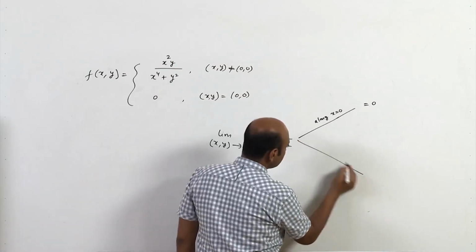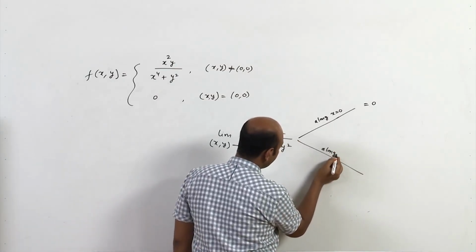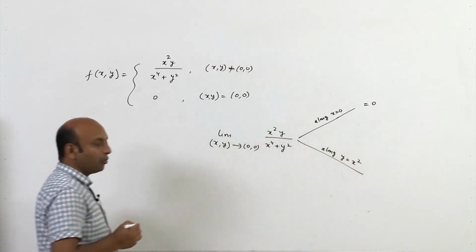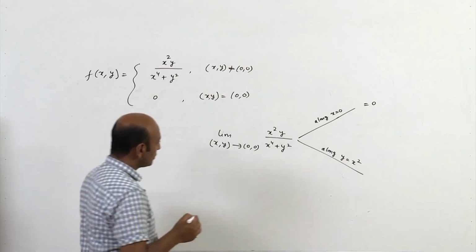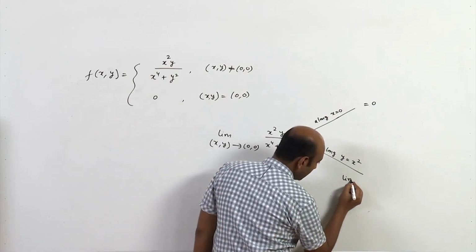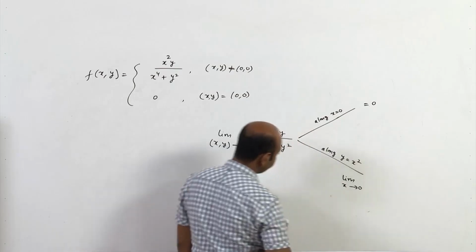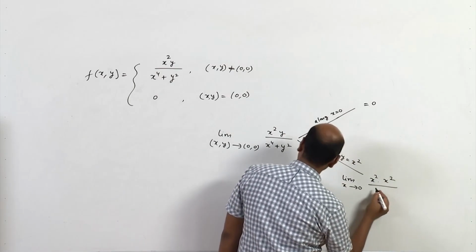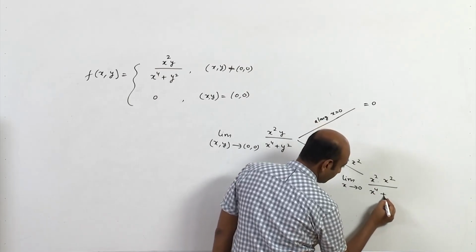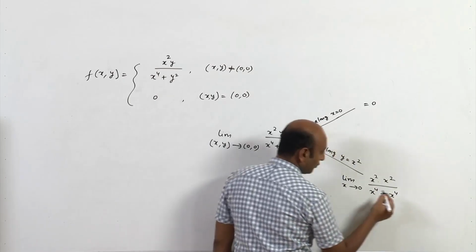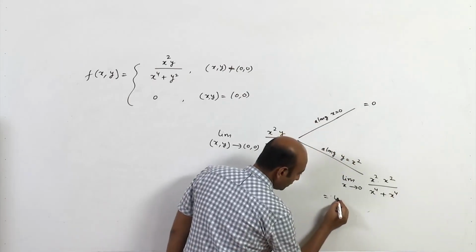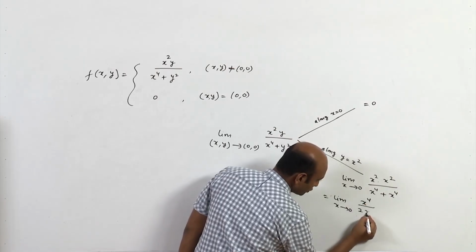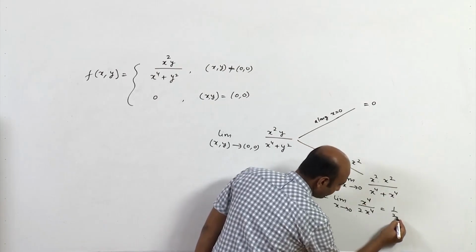Now, you move along, say, y equal to x squared. If you move along y equal to x squared, this will be limit x tending to 0 of x squared into x squared upon x raised to power 4 plus x raised to power 4, which is equal to limit x tending to 0 of x raised to power 4 upon 2 x raised to power 4, which is 1 by 2.